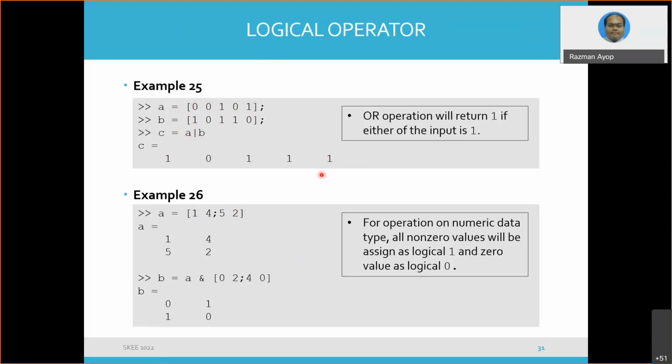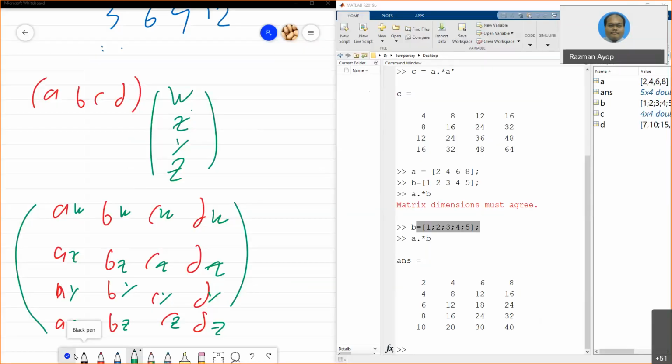Okay. How about this? You have A is this one, and B is this one. So you have A and B. For the AND operation on numerical data type, non-zero values will be assigned as 1, and zero value is assigned as 0. Okay, I show you here.